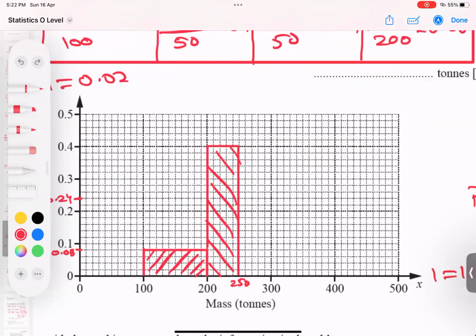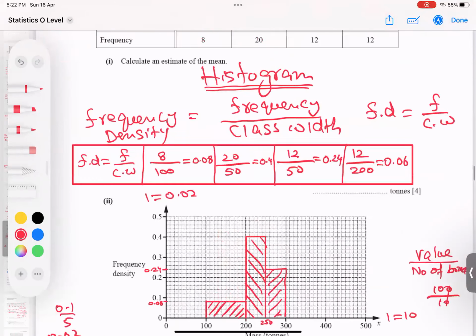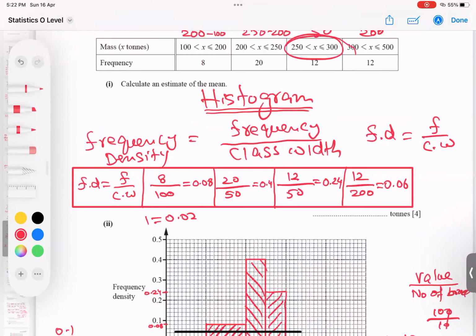So I'm starting now. Bismillah ar-Rahman ar-Rahim. This and this. Let's go for the last column. Starting from 300, ending 500, and height is 0.06.